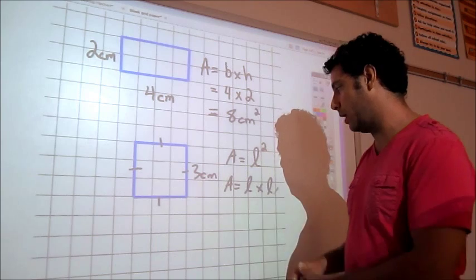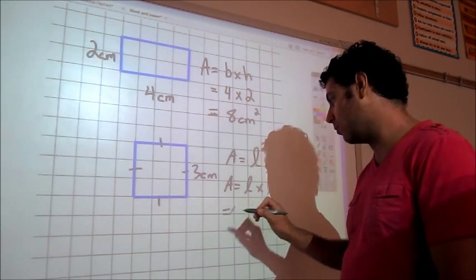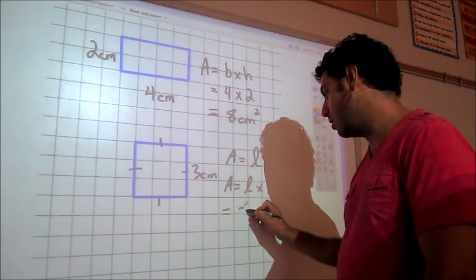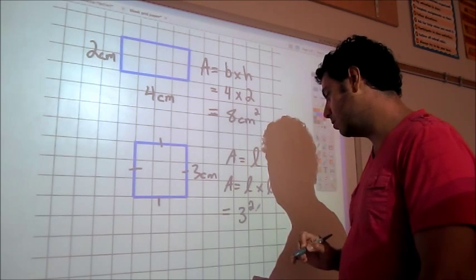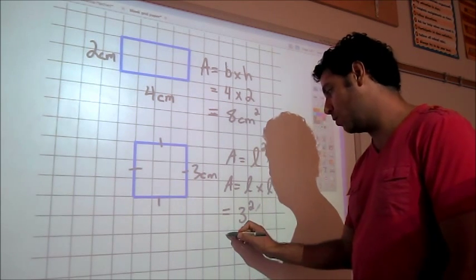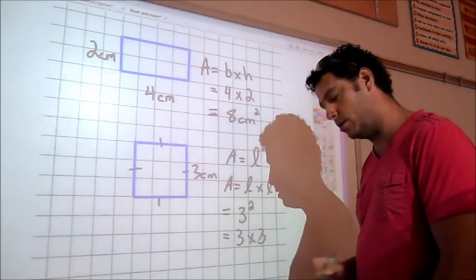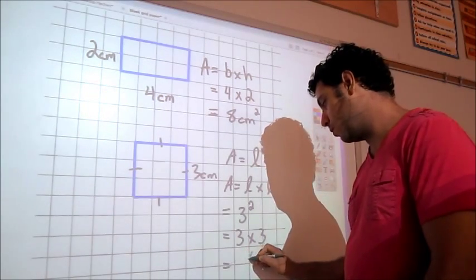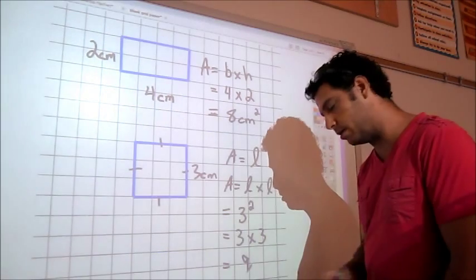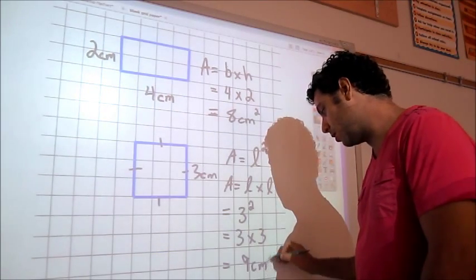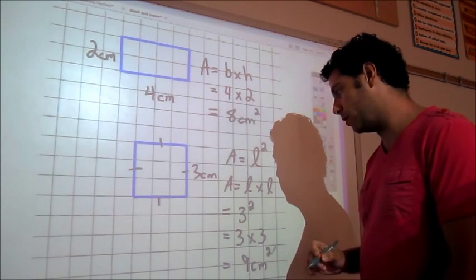We just need the number 3. So what we can do is write this now as 3 squared, okay? Which is 3 times 3, which is 9. 9 centimeters squared.